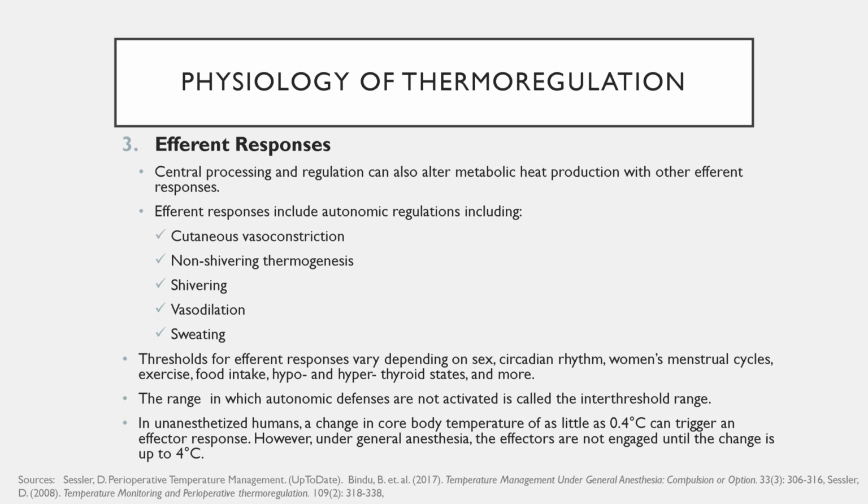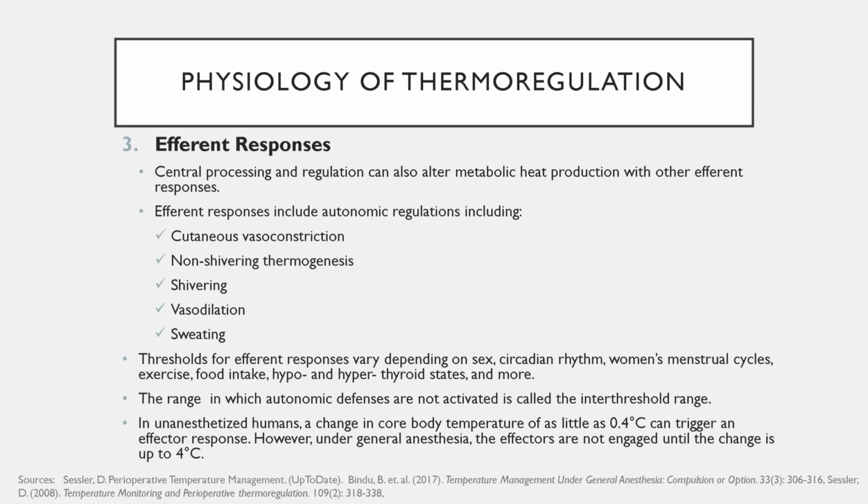The range at which this autonomic defense system or thermal response system, however you wish to look at the terminology, is generally referred to as the interthreshold range. And it's, again, a testament to the human body and its resiliency in terms of how quickly and how aggressively it will respond in a non-anesthetized state.